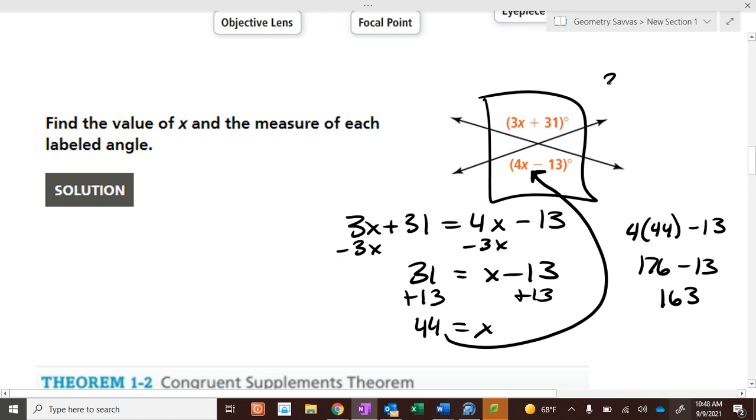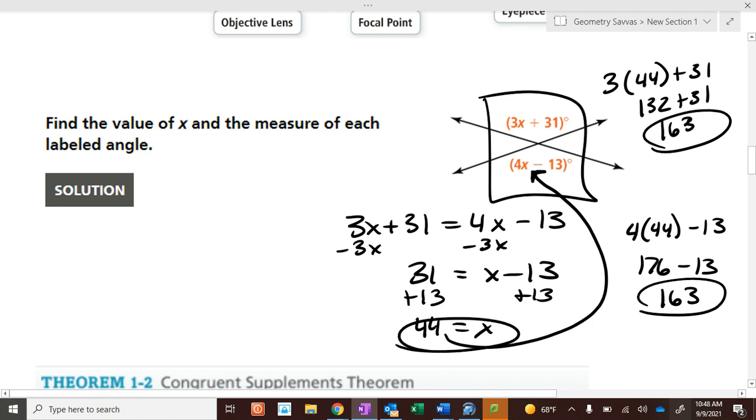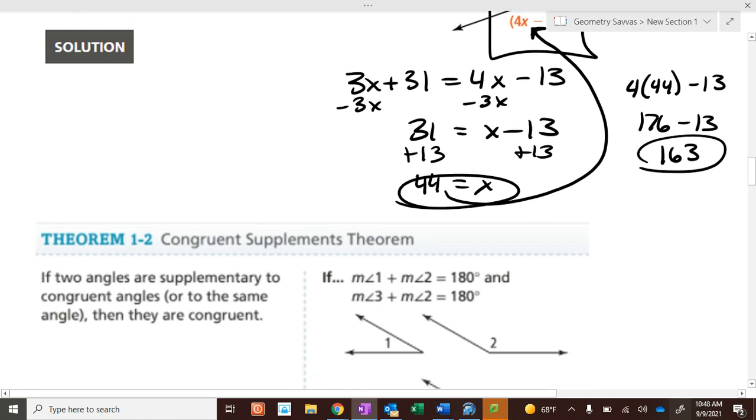Now to check our answer, take 3 times 44 and add 31 to it. Well, 3 times 40 is 120. 3 times 4 is 12. 120 plus 12 is 132. If we add 31 to it, we get 163. If the answers don't match, you did something wrong. That angle is 163. X is 44.